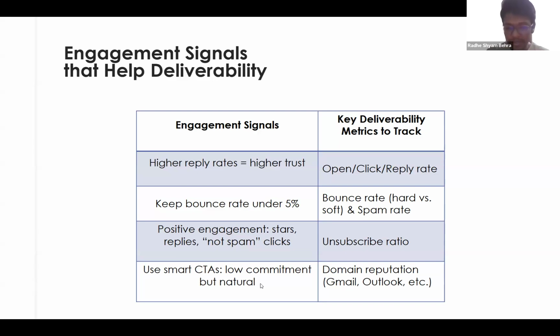But if you want to make it a smart CTA, or make it low commitment, you can probably ask them to just reply to the email by saying yes or no. So instead of asking them to join a webinar that you are going to host, you can ask something like, hey, I am hosting a webinar, would you like to attend, yes or no? You might not reply even in this case, but there is a chance you might get a yes or no compared to them joining the webinar directly.